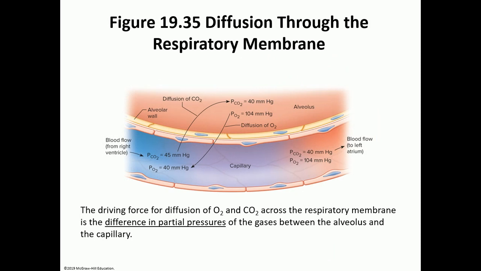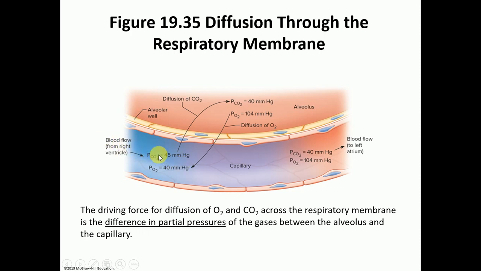When diffusion happens, if you guys remember from the very start of the course when we talked about simple diffusion, it would always happen from an area of high concentration to an area of low concentration. And that is the process of diffusion that's going to happen here. So this upper portion represents the alveolus or the air sac, and this lower portion represents the capillary in the lungs.